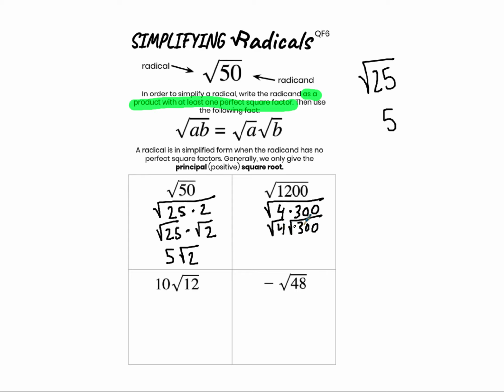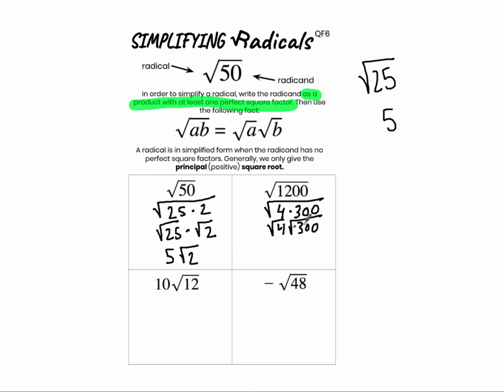I am not done yet though. 300 has a pretty big perfect square factor that I can see. 300 is equal to 3 times 100. So I'm just going to keep going until that radicand, that number underneath the square root, does not have a perfect square factor. So I have 2 times the square root of 3 times the square root of 100.